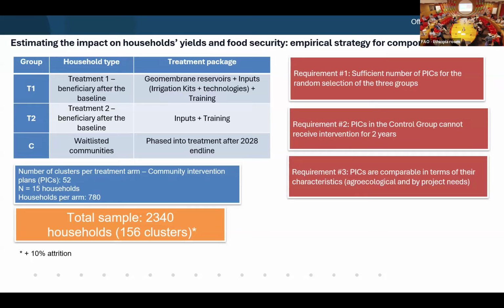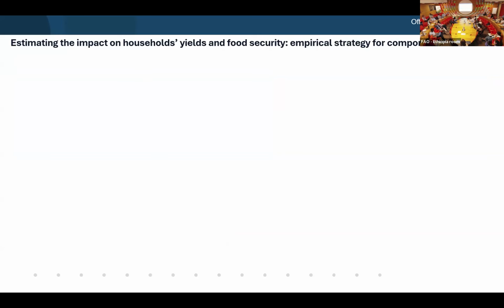Okay, so what we are doing, for instance, in each region, we are planning to do triplets, and then within the triplets extract randomly the community that will be in either T2, T1, or in the C group. Okay, so this is basically the idea of the study.